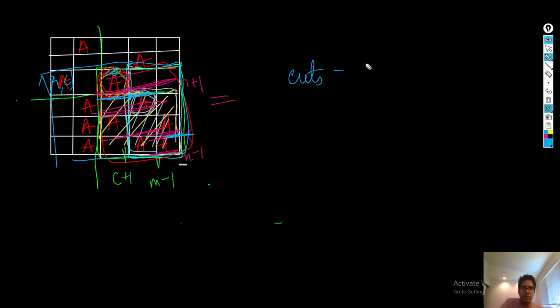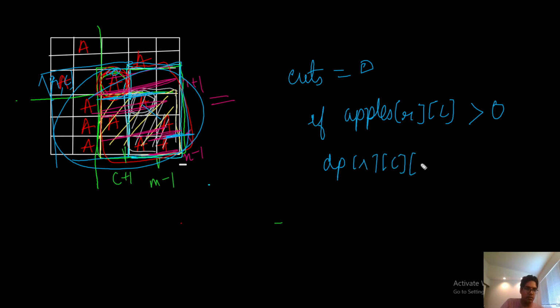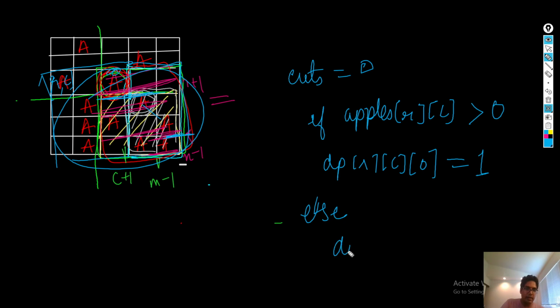So if cuts is equal to 0, then if in this entire array there is at least one apple, if apples of r, c is greater than 0, then in dp of r, c, 0, the cuts, you would want to add 1 to it, because there is one way of doing it, which is separating it. Else, if there is no apple there, we just set the dp to 0, because there is no way to cut that. So this is one of the base conditions.